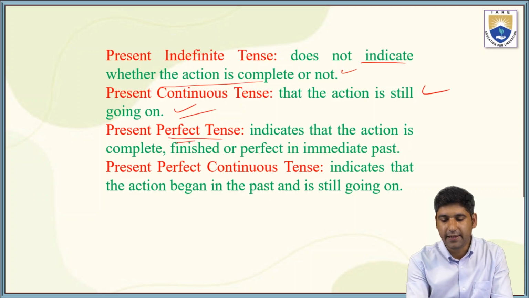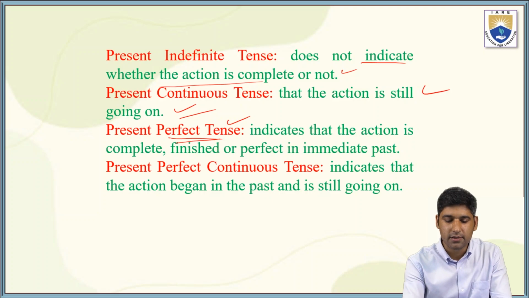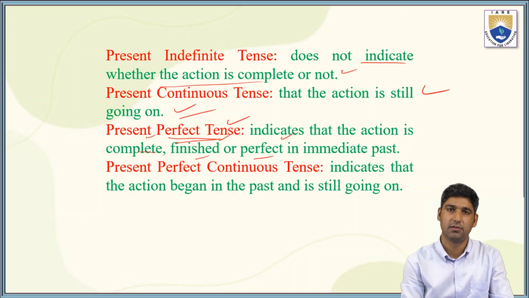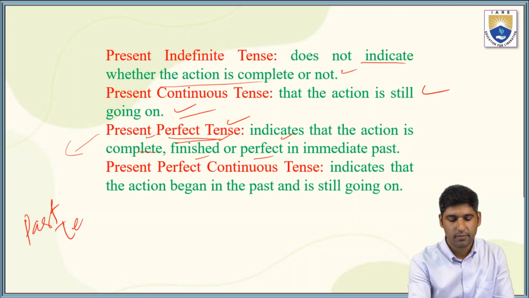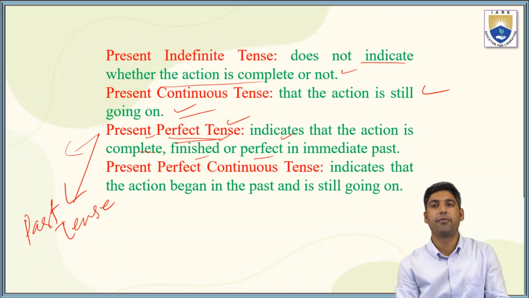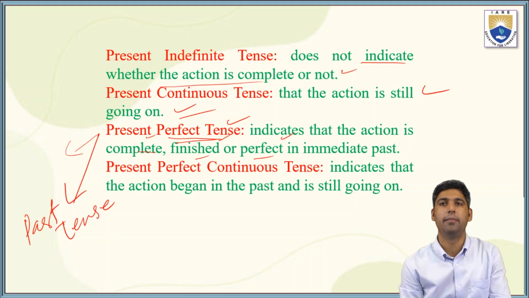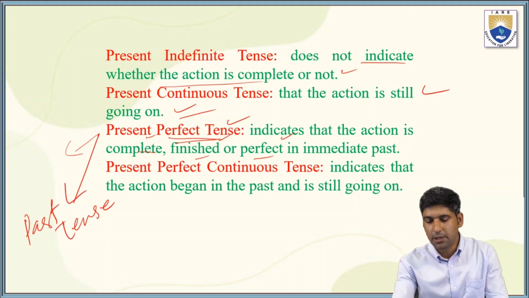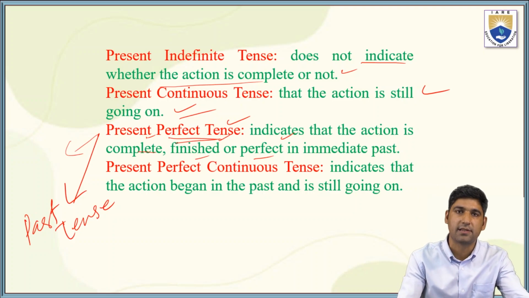Then present perfect tense indicates that the action is complete, finished, perfect in the immediate past, because it can create confusion with the past tense. Past tense also shows a complete or finished action, and present perfect also shows a complete action, but present perfect shows the action which we completed in the immediate past.